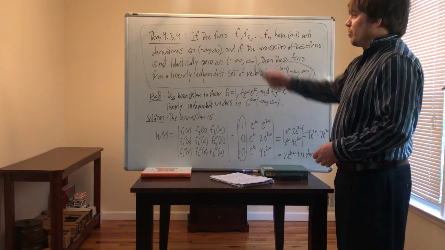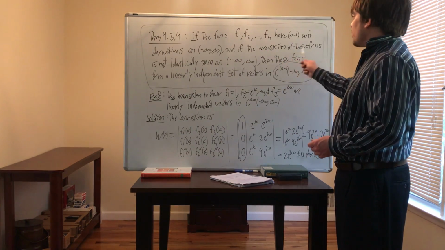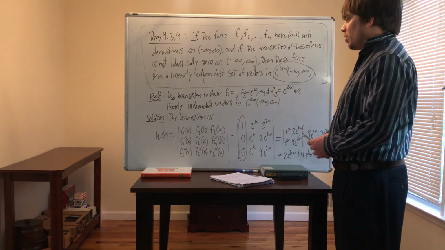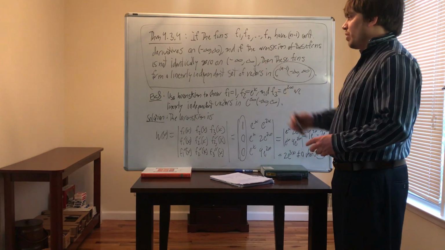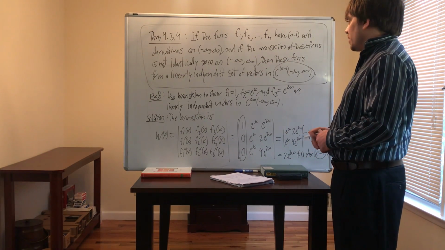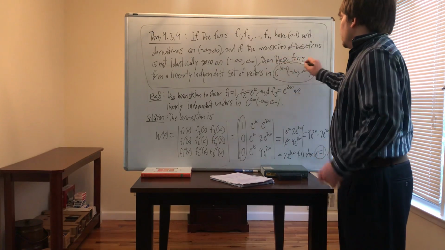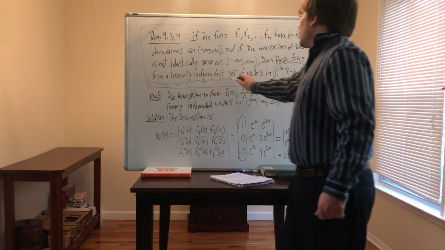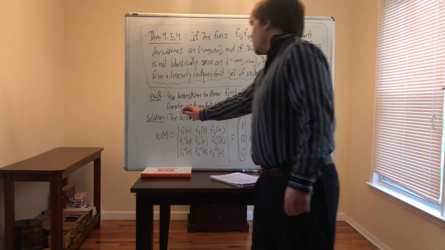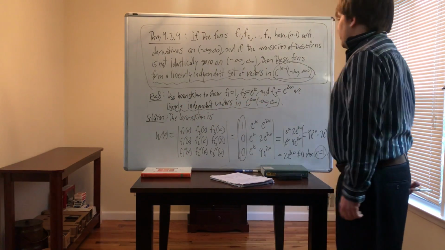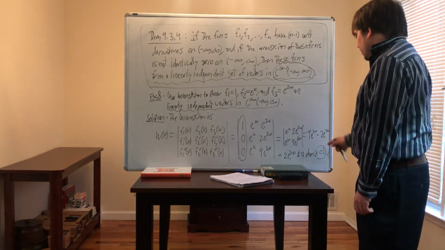And so Theorem 4.3.4 says if the Wronskian of these functions is not identically 0, meaning there's some input into the Wronskian that makes it non-zero, then these functions form a linearly independent set of vectors. And so we want to show that they are linearly independent. Okay? And so we did that.